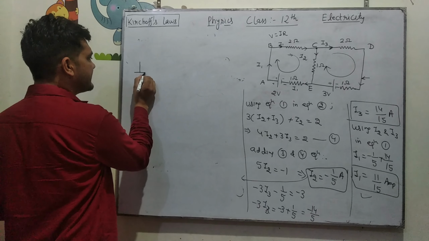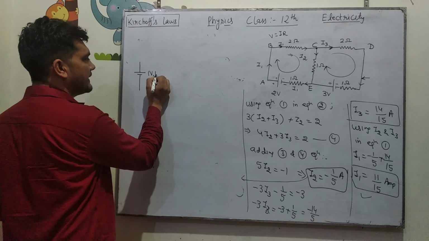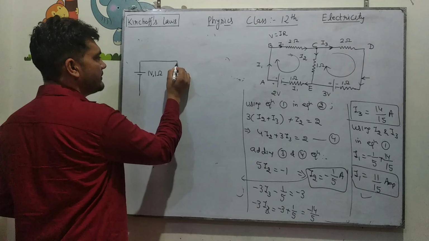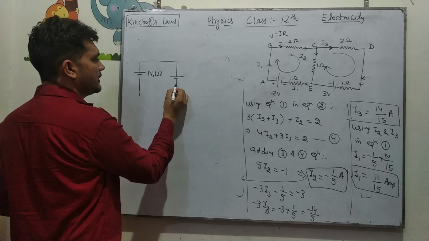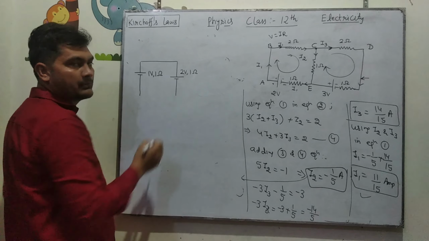You have this cell of EMF 1 volt and internal resistance 1 ohm, and one more cell of EMF 2 volt and internal resistance 1 ohm.